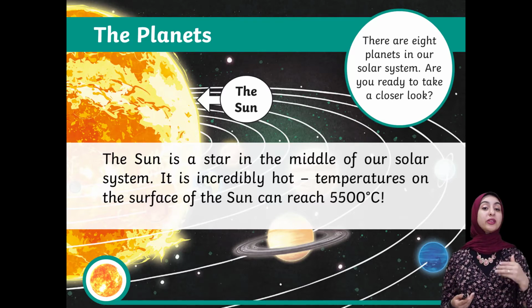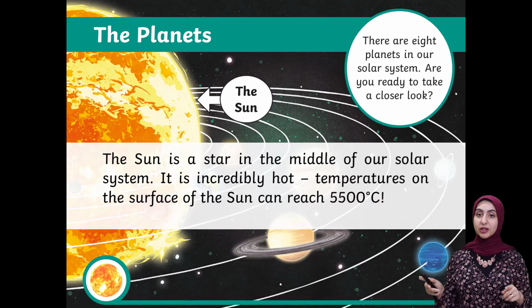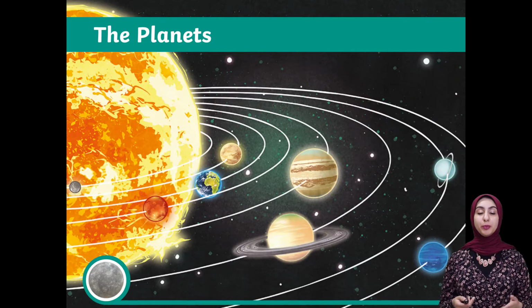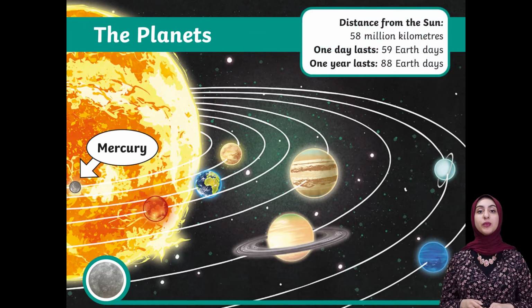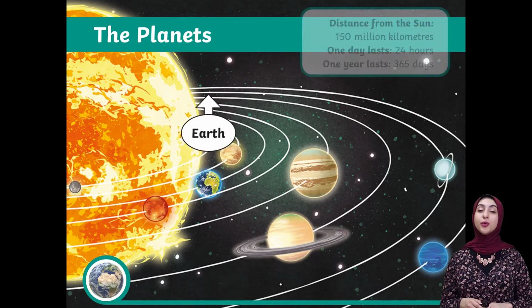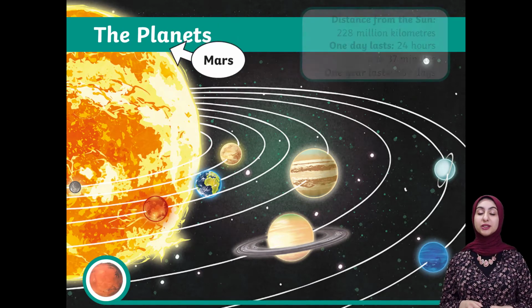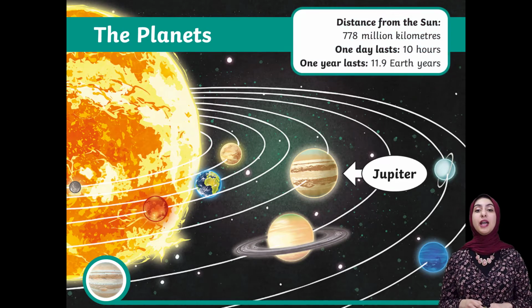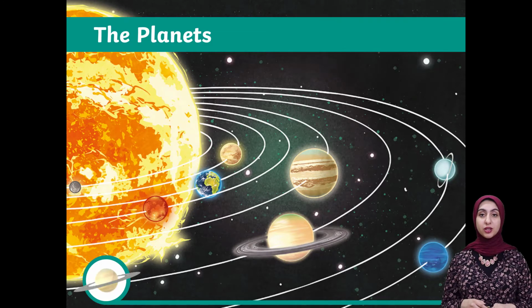I'm going to talk about these planets, starting with the closest one to the Sun to the furthest one from the Sun. The first one, Mercury. Second one, Venus. Third one, Earth. The fourth one, Mars. Fifth one, Jupiter. And the sixth one, Saturn.